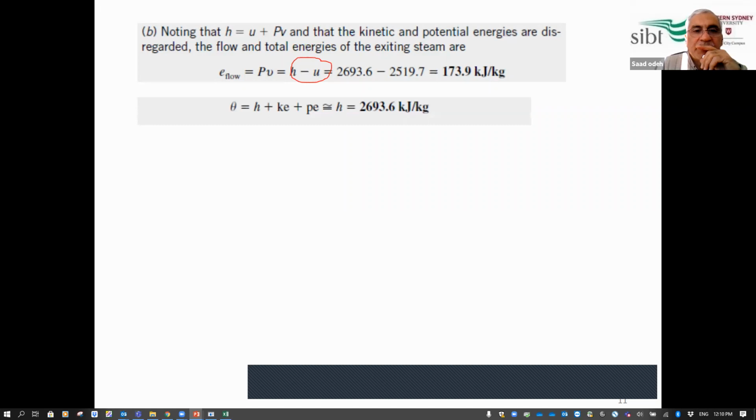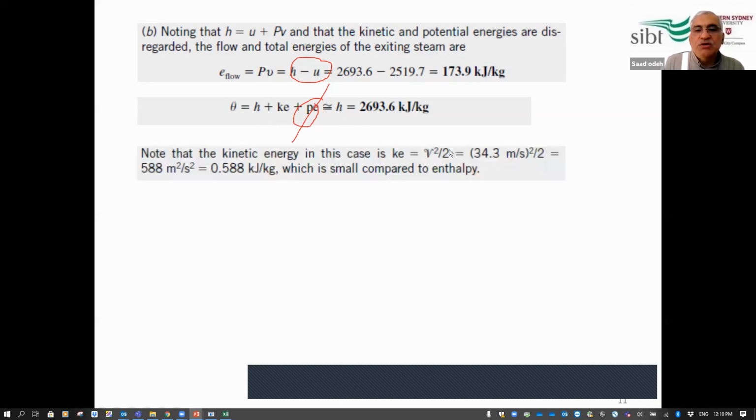Okay. Now, the total energy should include the potential plus kinetic plus enthalpy. Because potential energy is zero, we only have H and KE. And you can see now the KE is very small. Let me show you here. This is the KE, the kinetic energy.